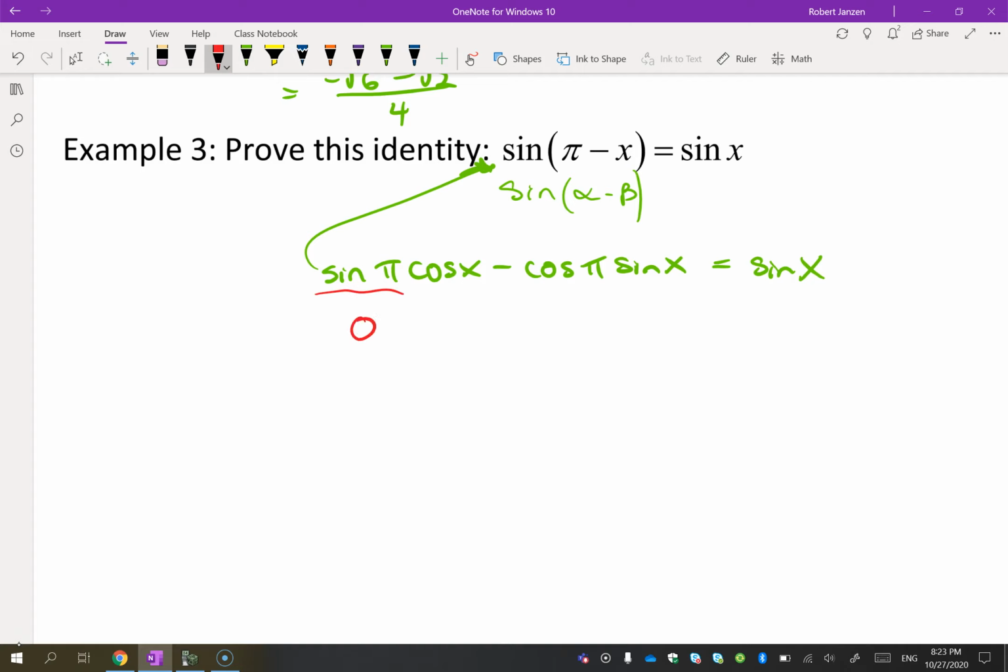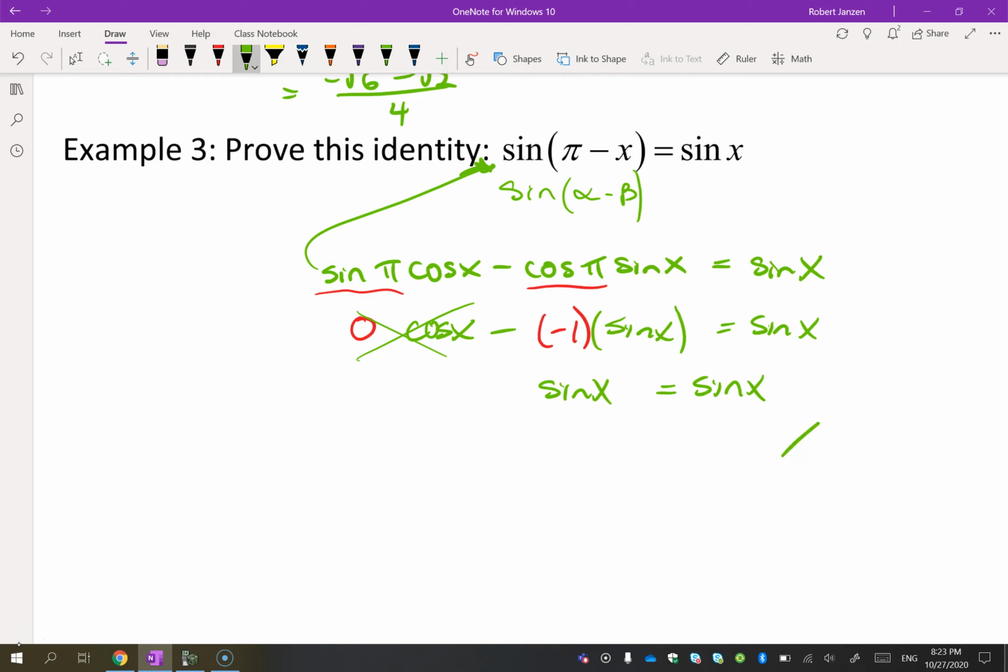Sine of pi is 0. Okay, now I don't know what cos of x is, but I do know that cos of pi is negative 1. And then I have sine x. Are these equivalent? Well, this cancels, and I'm left with just sine of x equals sine of x. Okay, so the left-hand side equals the right-hand side.